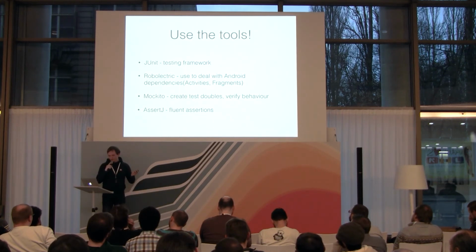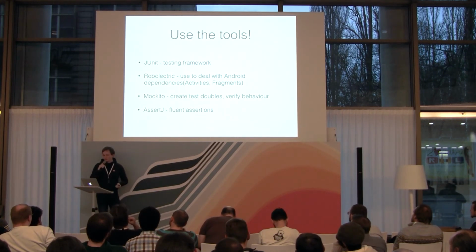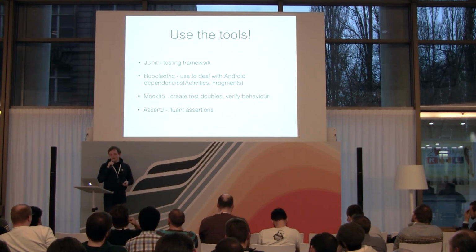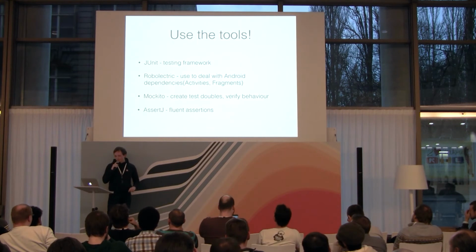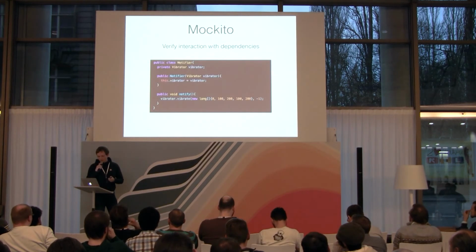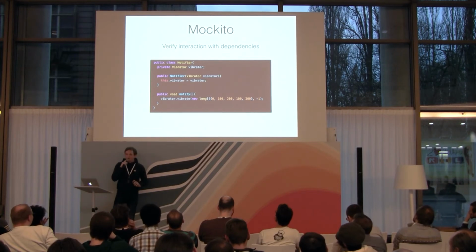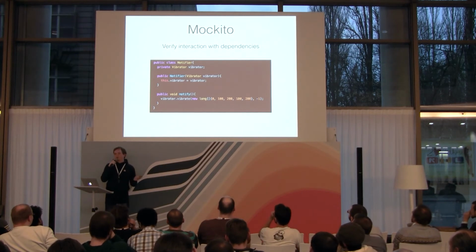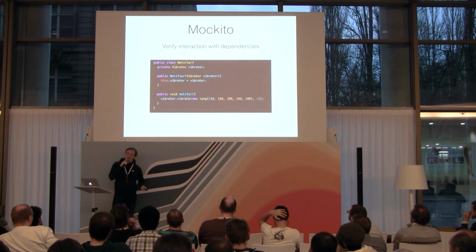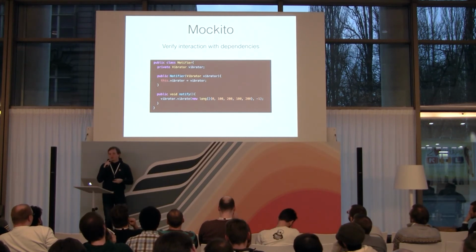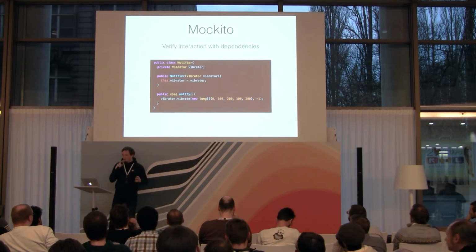Yeah, AssertJ is something not so important, but it's a fluent assertions library. Makes your life easier. Okay, so now let's talk a bit about Mockito. So for unit tests, again, you need to be able to replace your real dependencies with test doubles. And test doubles can be stubs, mocks, you know.